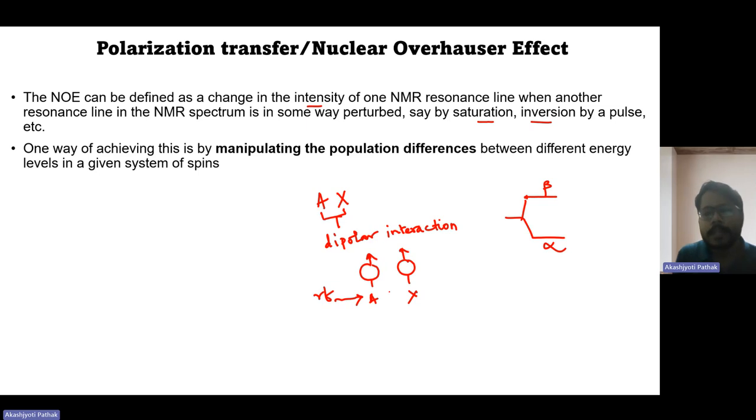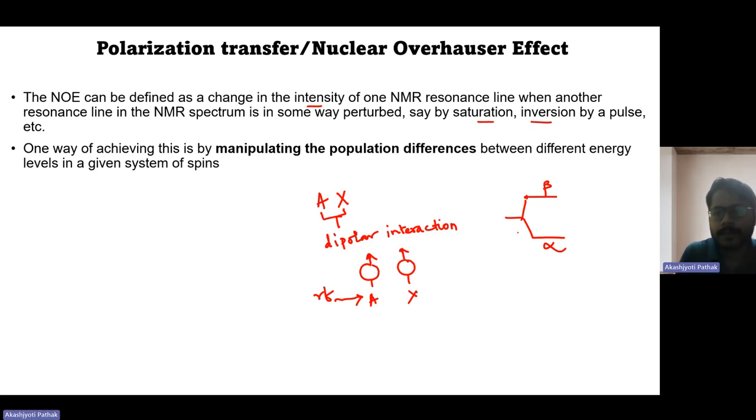When this radio frequency pulse is irradiated on this particular nucleus, say the nucleus A, what happens? There is a population difference between the two energy states, the lower energy state and the higher energy state.